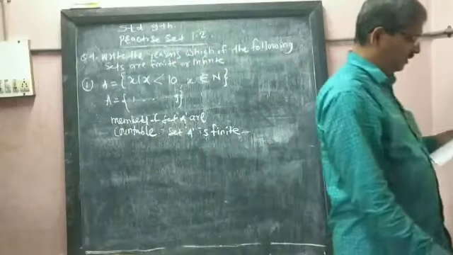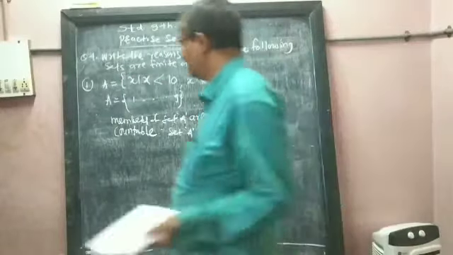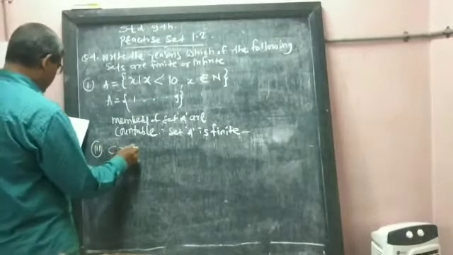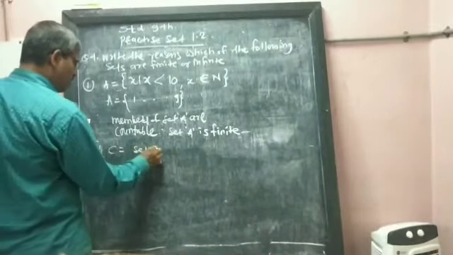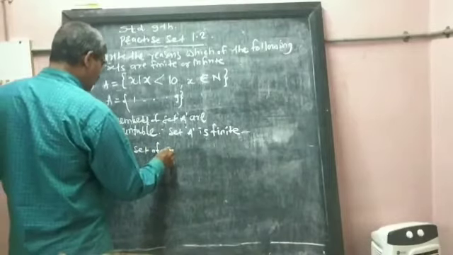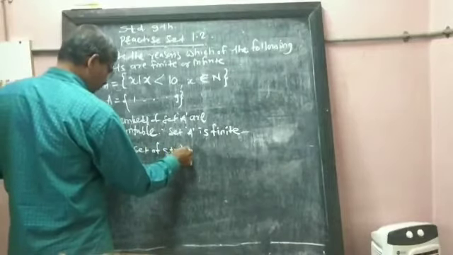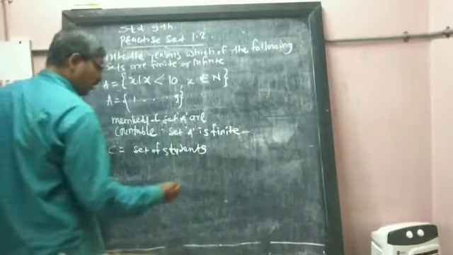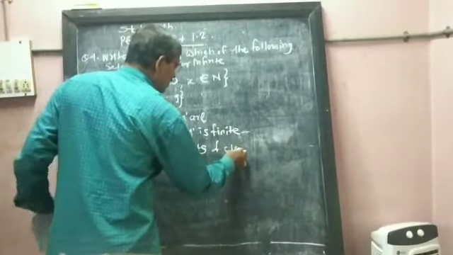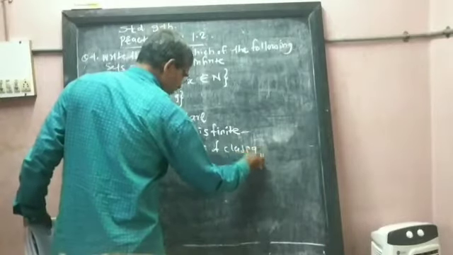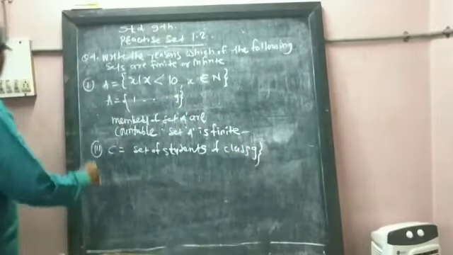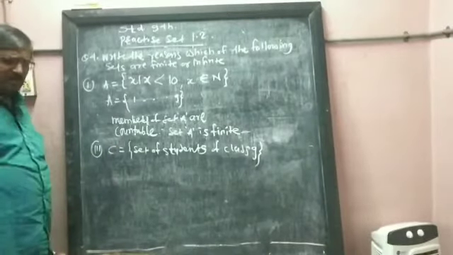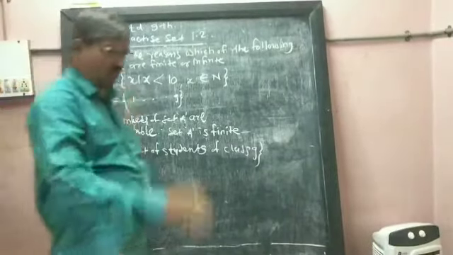Now question number 3. Question number 3 is given to you. C is equal to the set of students of class 9. How many students are there in your class? Can you count or not?